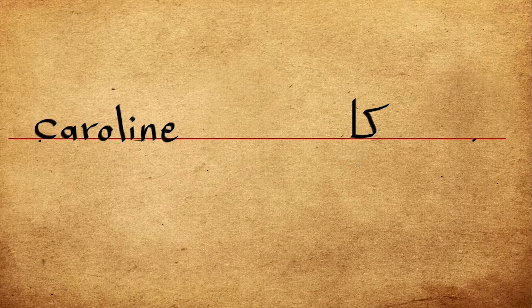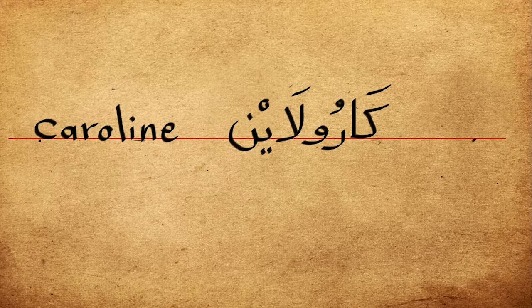The next one is Caroline. Here is the initial form of the letter kaf, alif, ra, waw, lam, and alif, ya, noon.